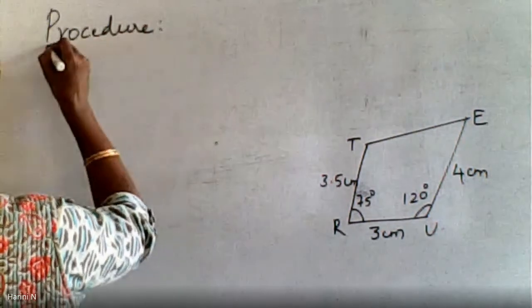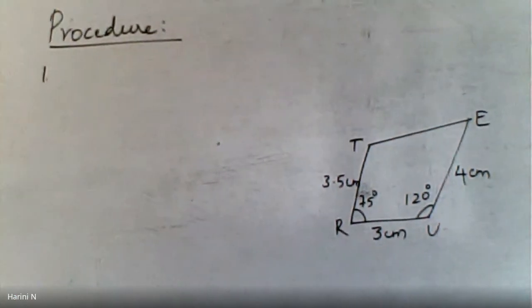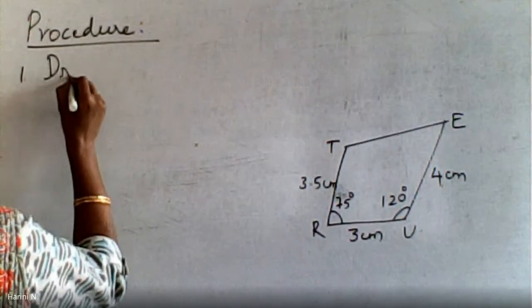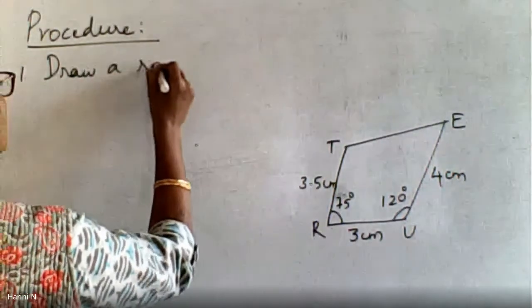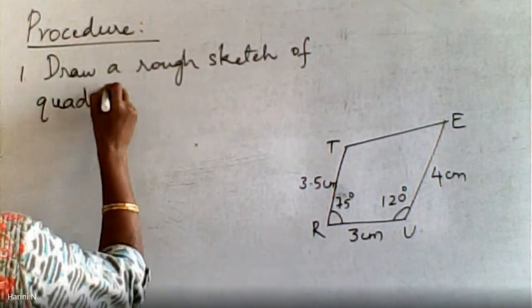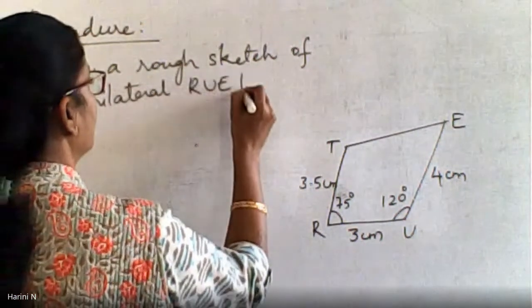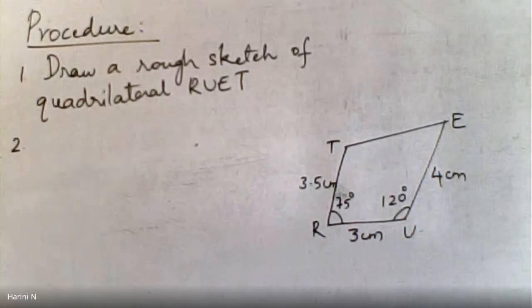Then you will do the first step quickly. Draw a rough sketch of quadrilateral. And we should draw the rough figure. Rough sketch of quadrilateral, the name is given. Quadrilateral RUET. Second step.